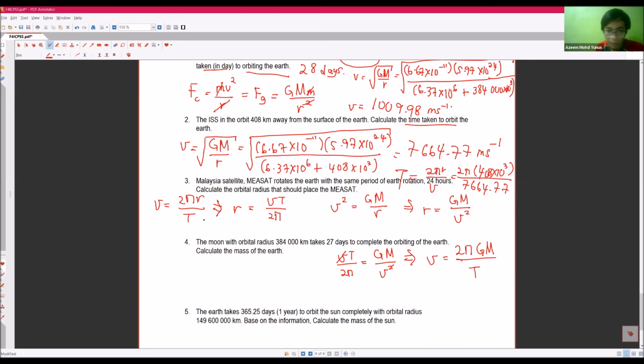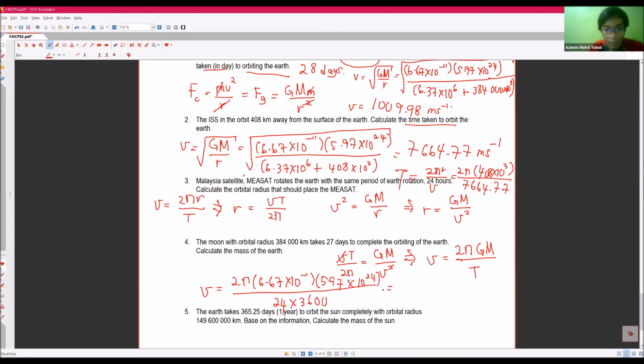We already know. So V is 2 pi, G is 6.67 times 10 to the negative 11. The mass of the Earth is 5.97 times 10 to the power 24. Orbital period is 24 hours times 3,600 seconds.